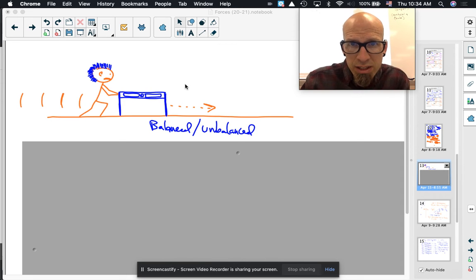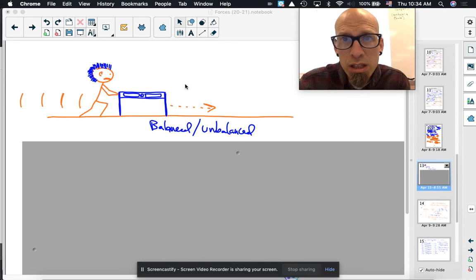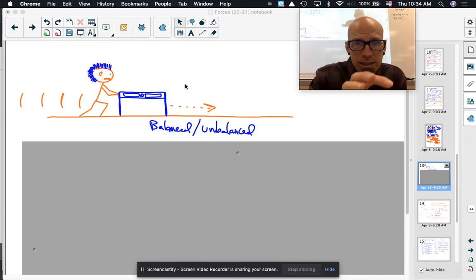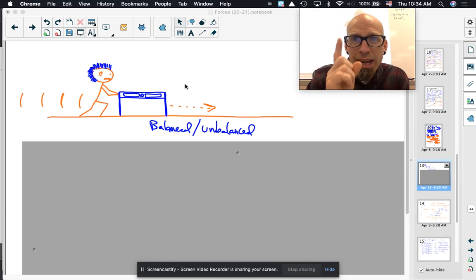I'd say the desk is moving with, it seems like, a constant velocity. You should pause the video, sketch this, write out a motion map, and sketch a force diagram with all the forces named appropriately. This is the last example we did before we took the quiz. Pause the video, do that, then come back.